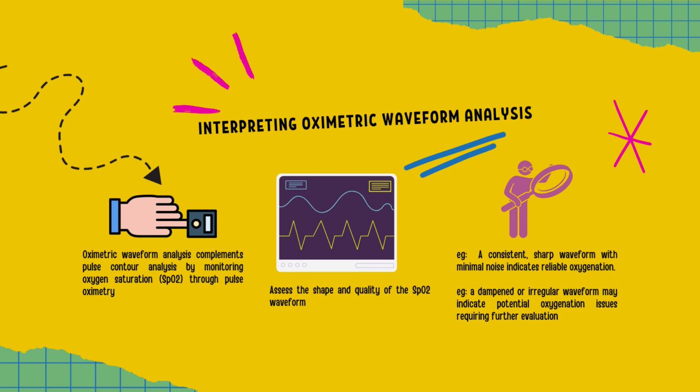It might indicate that something's changed in the patient's oxygenation. It's like your body's way of saying, "Hey, something's not quite right here." So, in essence, oximetric waveform analysis is like having a mini orchestra of medical insight. It allows healthcare providers to listen to the rhythm of oxygen in the body and catch any variations or deviations in the melody.